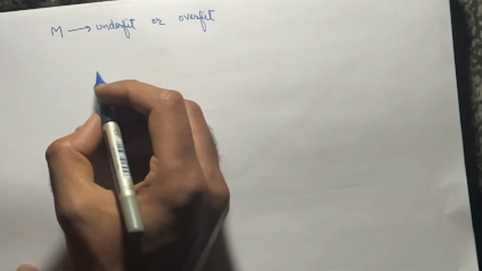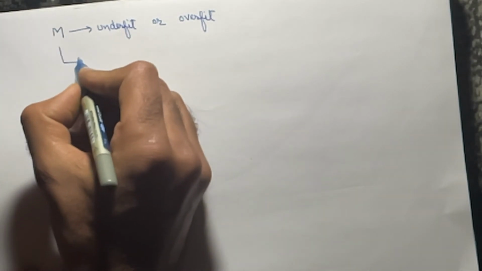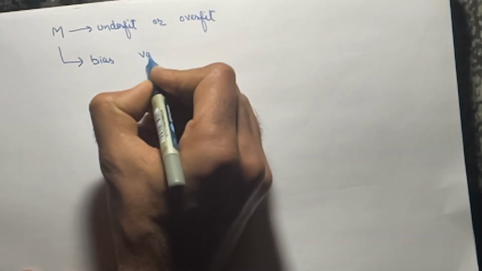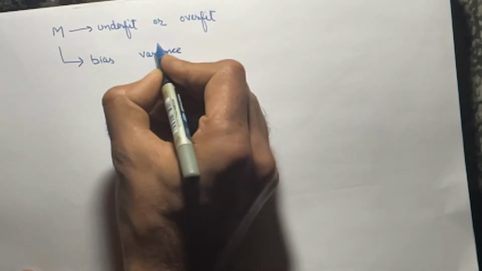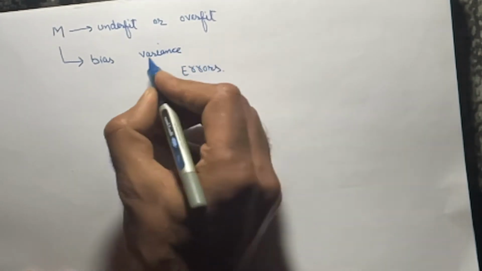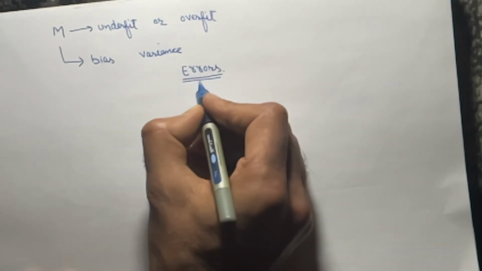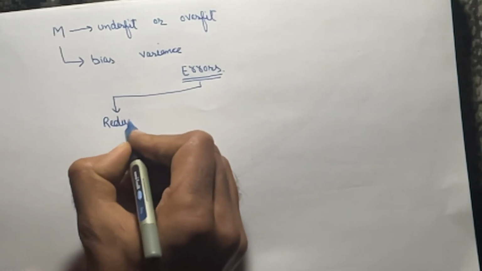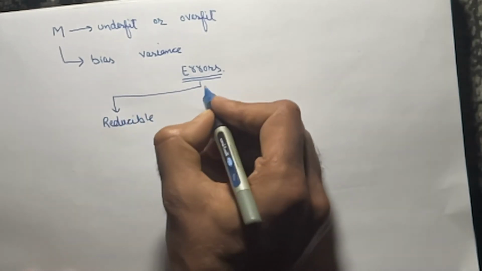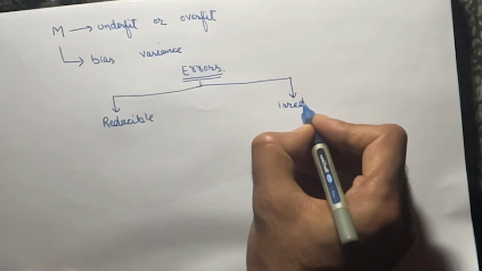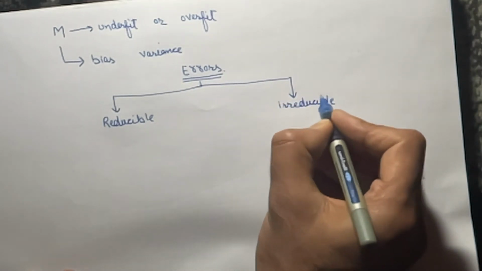Now there is one important thing here: we have to understand two important terms, bias and variance, or we can say the errors. Errors in a machine learning model are divided into two types. One is reducible errors, reducible meaning which can be reduced, and the other is irreducible errors, which are difficult to reduce.